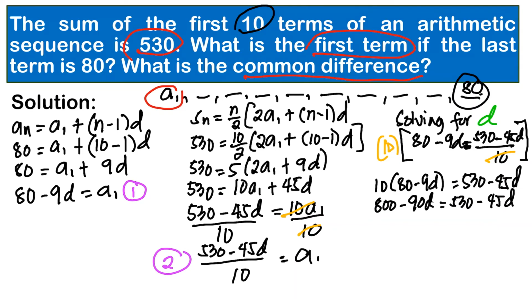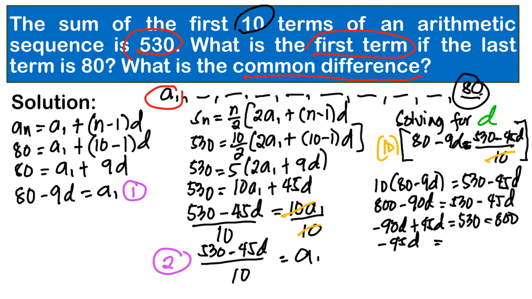Combining like terms, we have negative 90d plus 45d equals 530 minus 800.